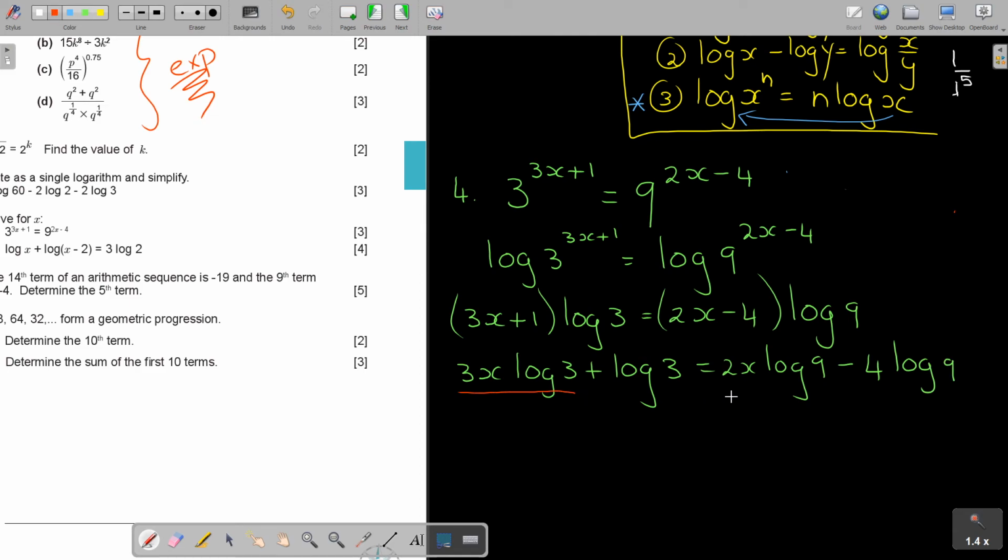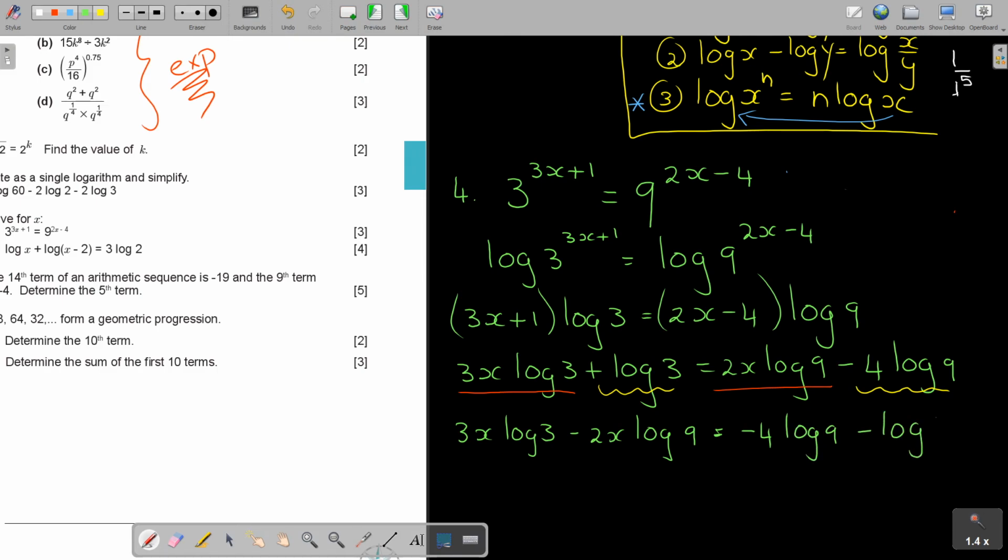This is with an x, this is with an x, this is without an x, without an x. So I'm getting 3x log 3 minus 2x log 9 is equal to negative 4 log 9 minus log 3.